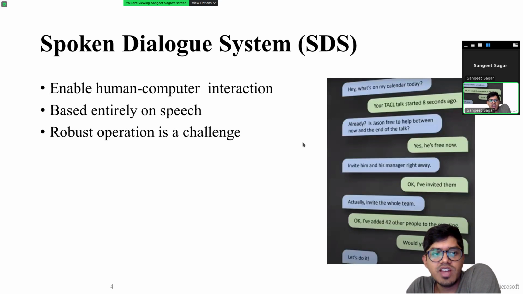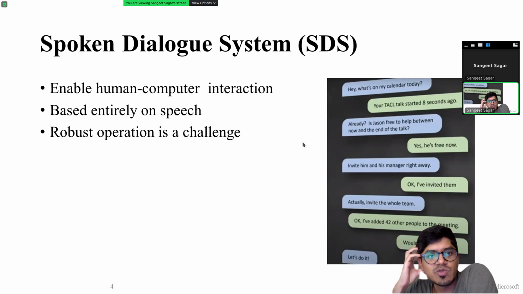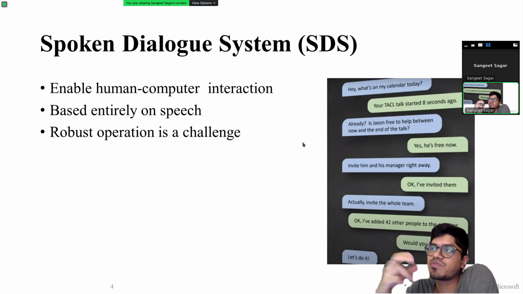A spoken dialogue system, as we all know, enables human-computer interaction, and the prime agent is human speech. But human dialogue is much more complex than that. There are lots of things going on.